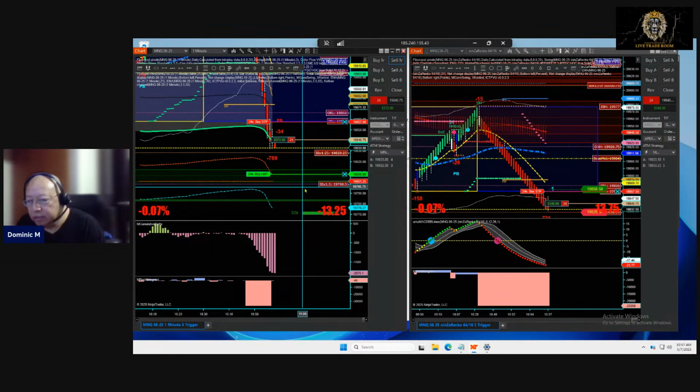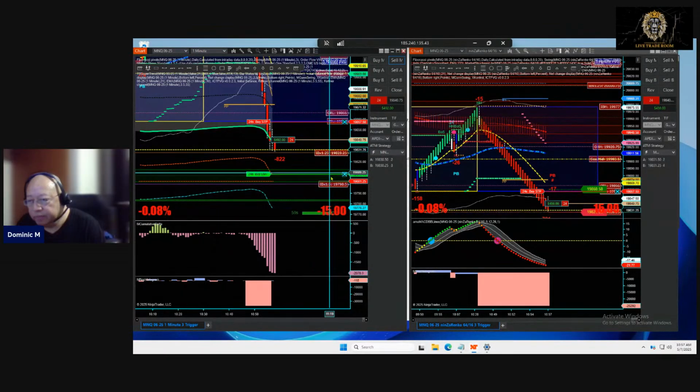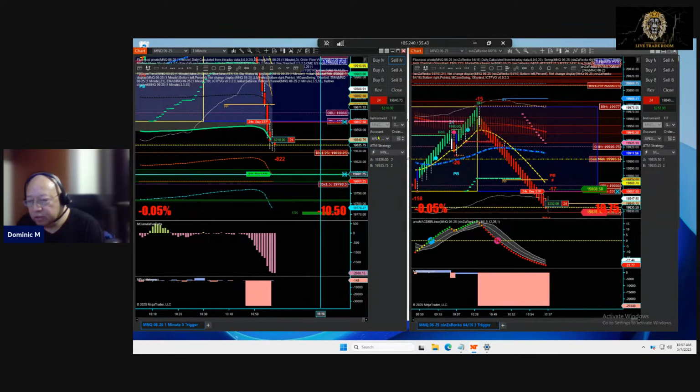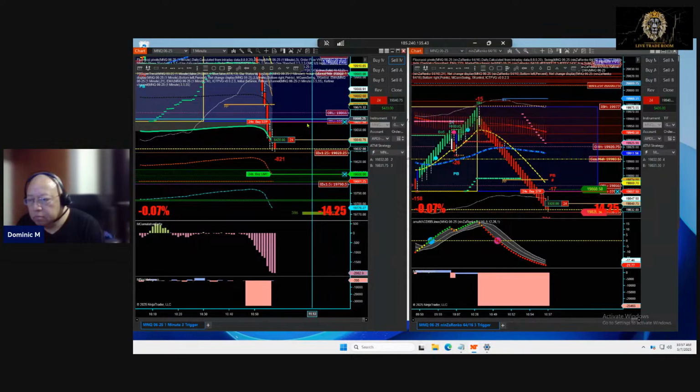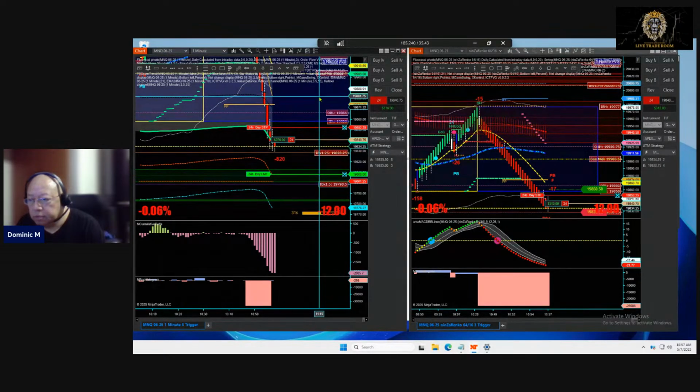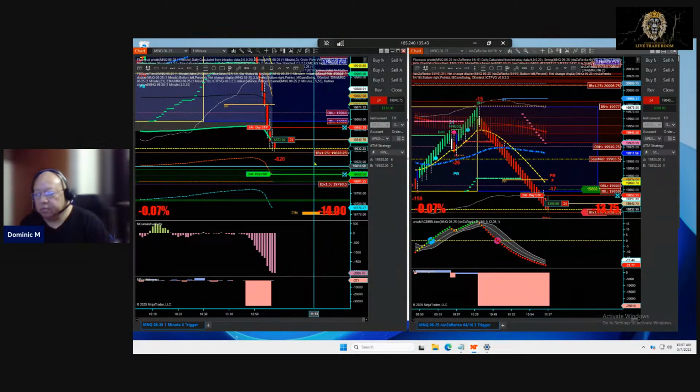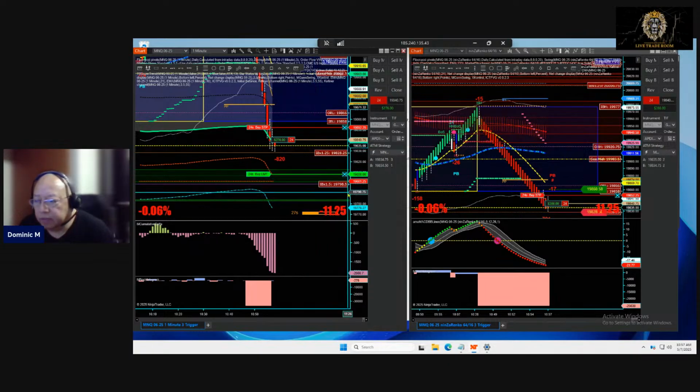Like I said, let's see if we can test this bullish fair value gap right here. It's playing with that 1.25 extension. Let's see if we can get right through it. It's bouncing off.